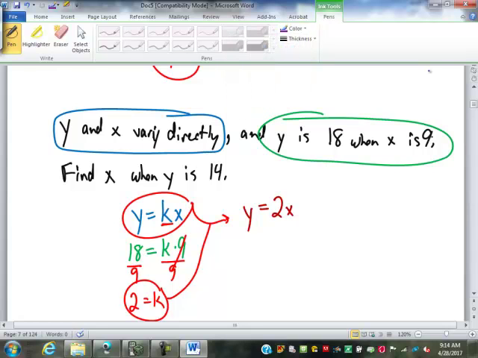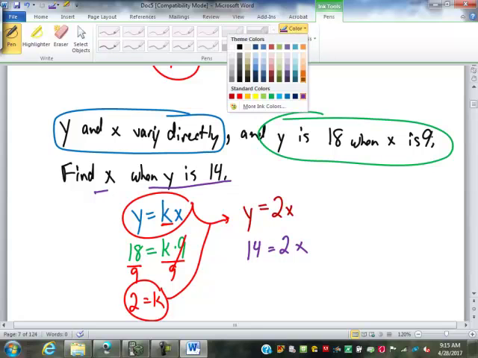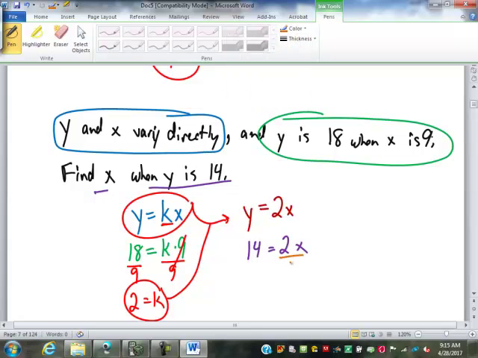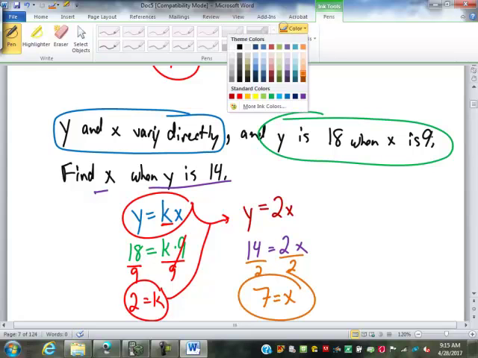And now this part is a little bit different than the last example, but it's the same concept. Find x when y is 14. So this time we know y is 14, and we're going to have to solve for x. X is multiplied by 2, so we divide by 2. Get 7 equals x. Any questions there?